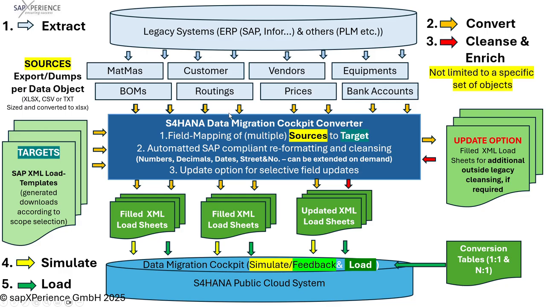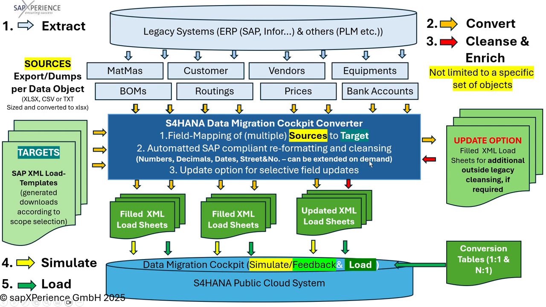We could remove all errors, and this is what we have for material master, customer, vendors, and currently equipments, where we do have a very high number of equipments, for example, but all this is already simulated, and this is a fantastic result given the restrictions which we do have to migrate data into the S4HANA public cloud system.